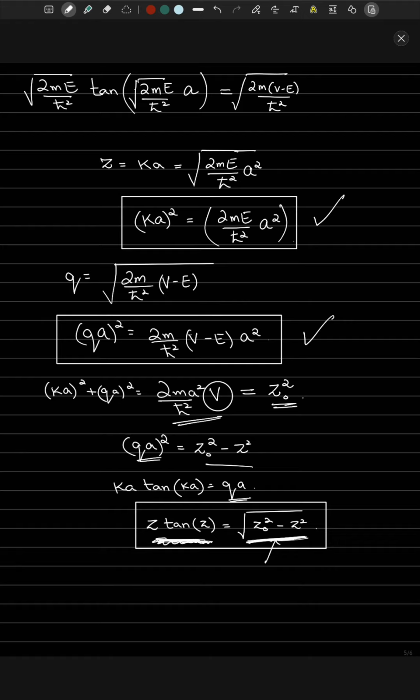And it also depends on the width of the potential well. In fact, it depends on the square of the width of the potential well.